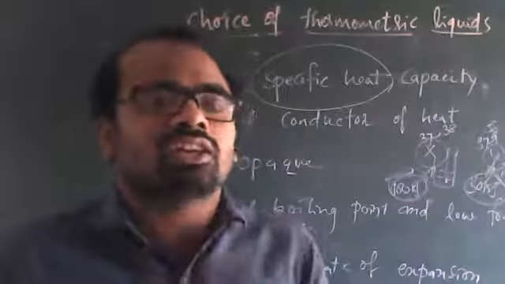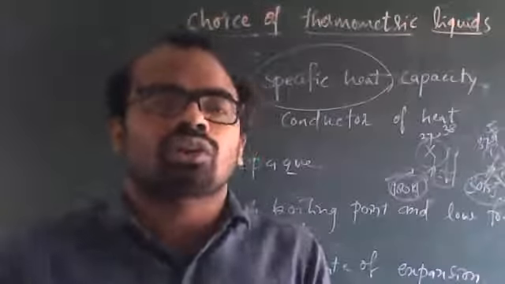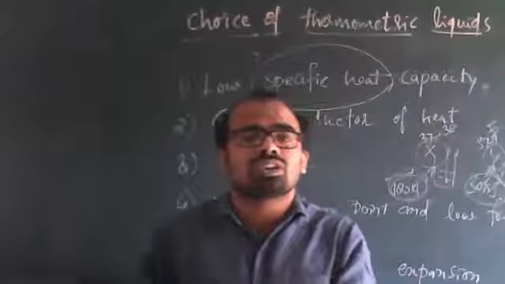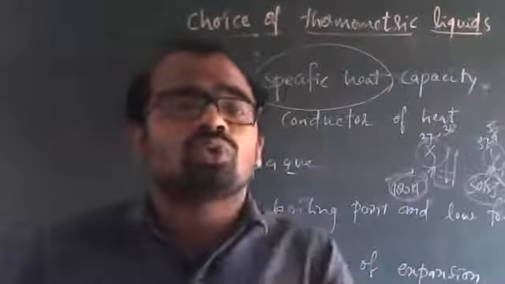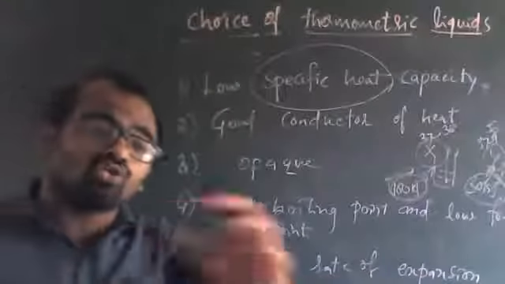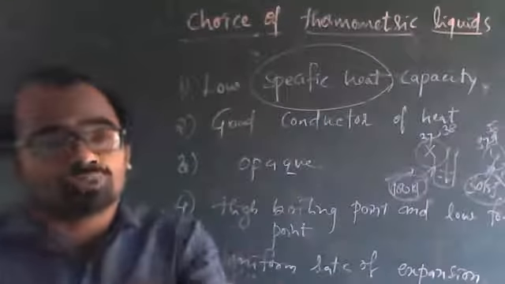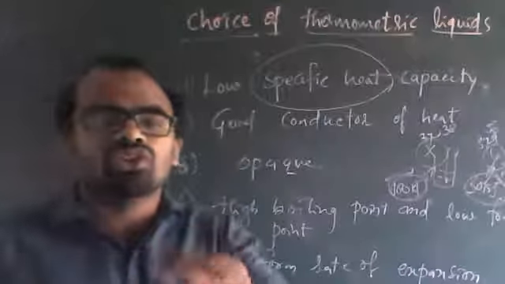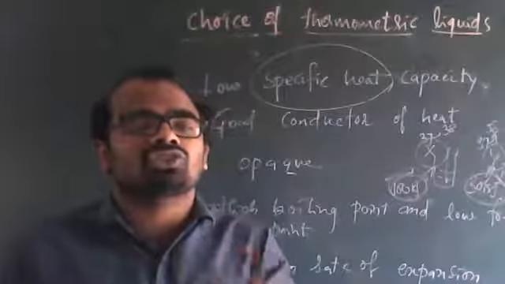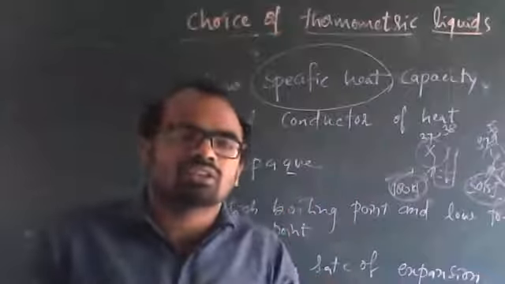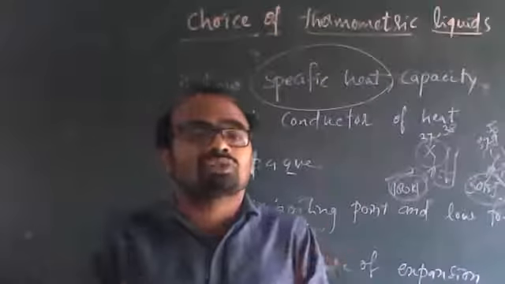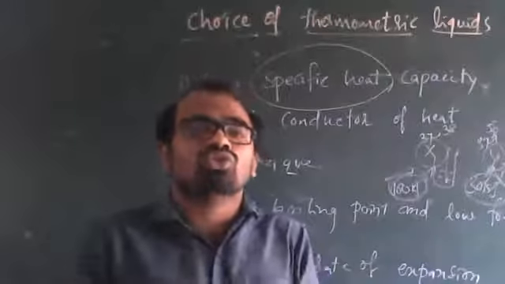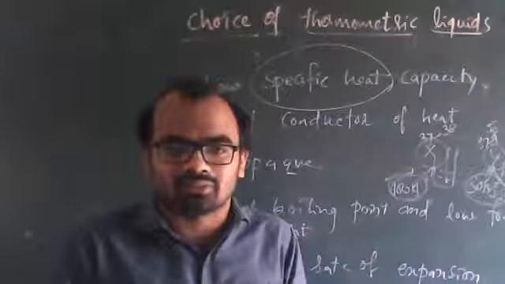If it doesn't, it will show a low temperature, the wrong temperature. That is why it is very important to choose a liquid that is a good conductor of heat, that absorbs all the heat and measures the temperature. That gives us the exact temperature of our body, or if you are measuring with a laboratory thermometer, the exact temperature of the lab or of the solution in which you are measuring.